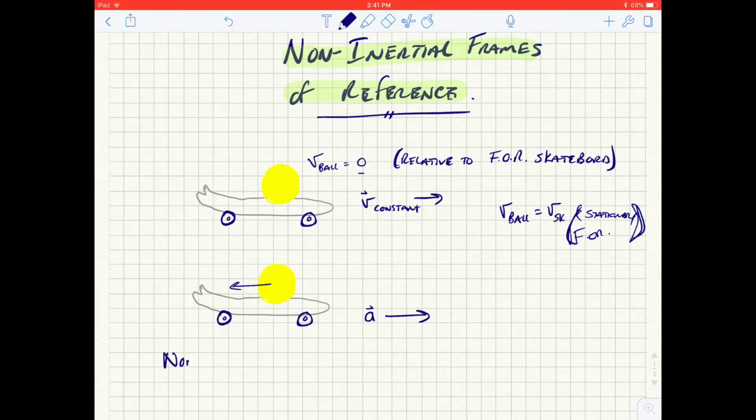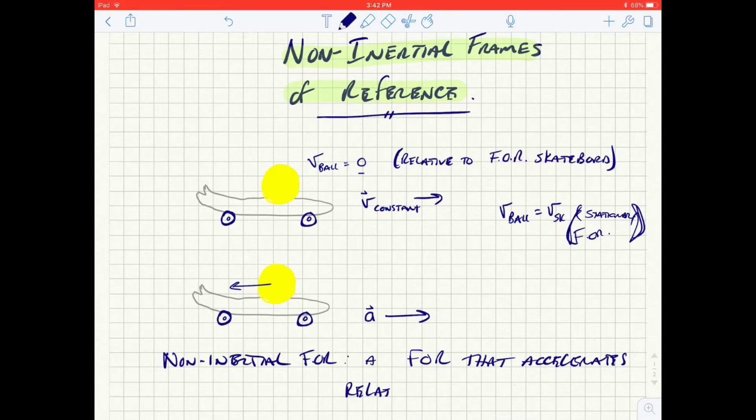So a non-inertial frame of reference is a frame of reference that accelerates relative to an inertial frame of reference. That is the ground in this case. We're standing still on the ground.